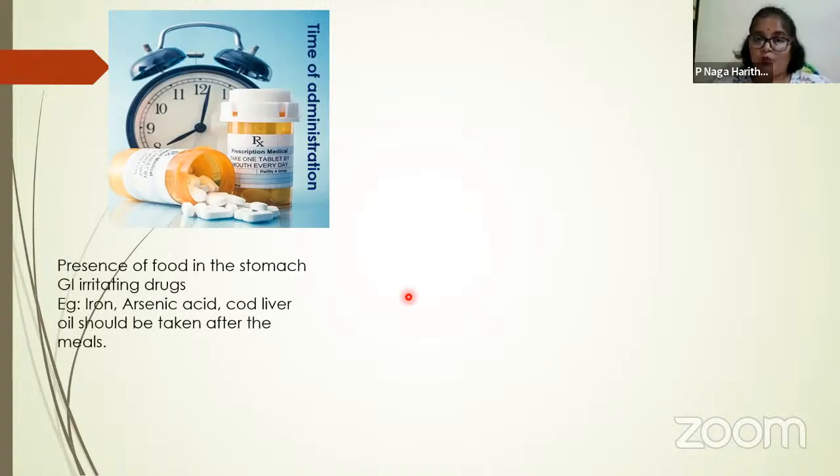Yes, there is a problem, because the food that is present inside the digestive system, or the food that is present in the stomach, definitely is going to affect the absorption of your drug. Okay, and some drugs cause GI irritation, because there are gastric juices present in the stomach, and because of the irritation caused by those drugs, they cannot be absorbed properly.